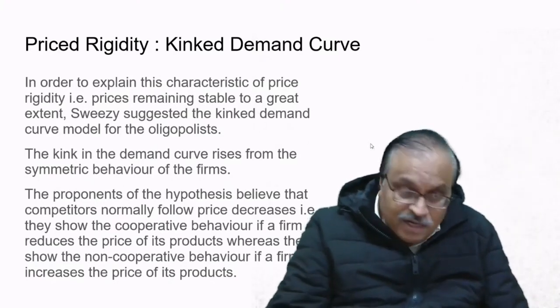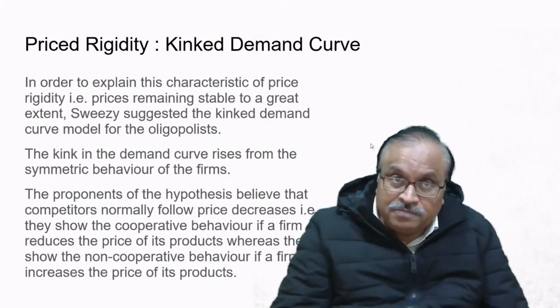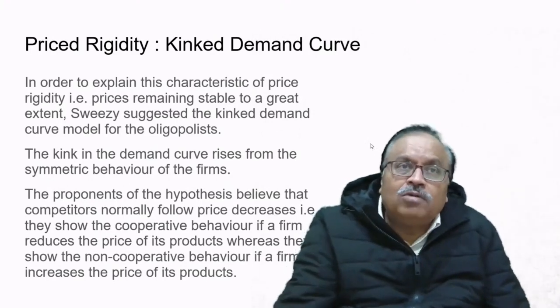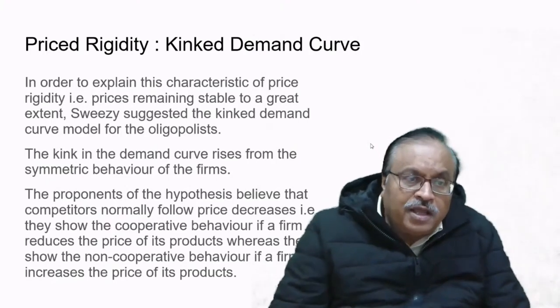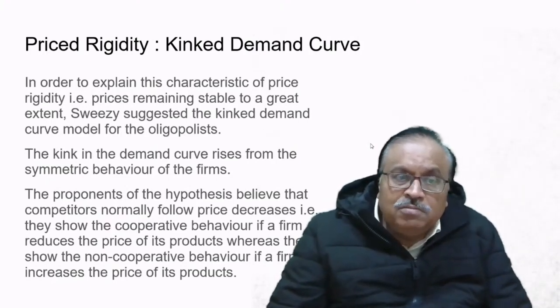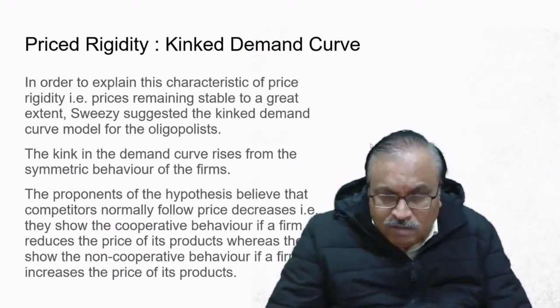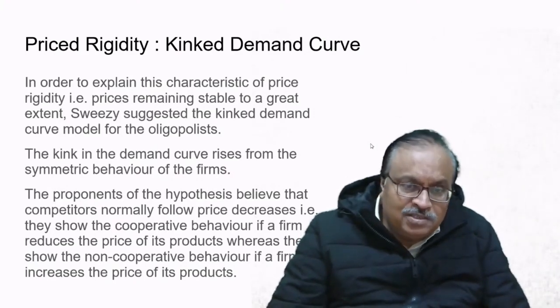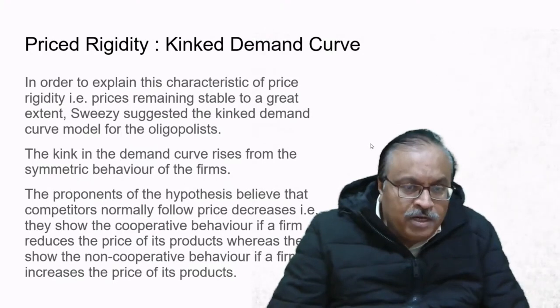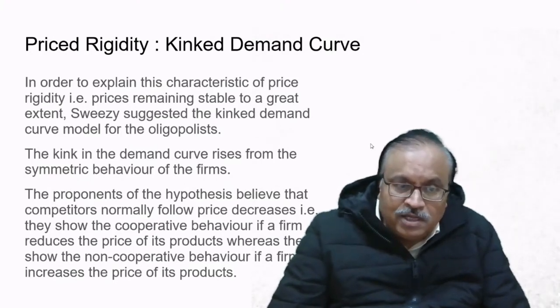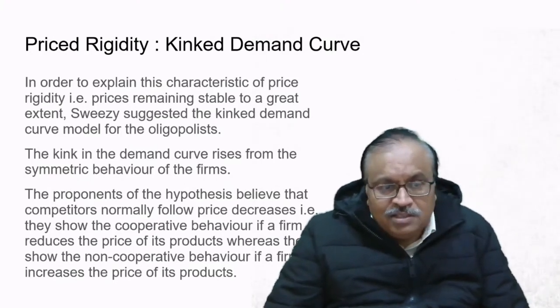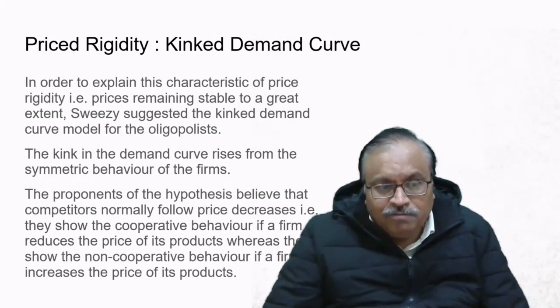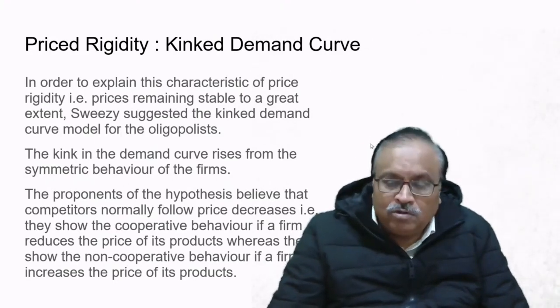The kink means it gets turned and the demand becomes lower or higher depending upon the situation. The kink in the demand curve arises from the asymmetric behavior of the firms. The proponents of the hypothesis believe that competitors normally follow price decreases. They show cooperative behavior if a firm reduces the price of its products, whereas they show non-cooperative behavior if a firm increases the price of its products.